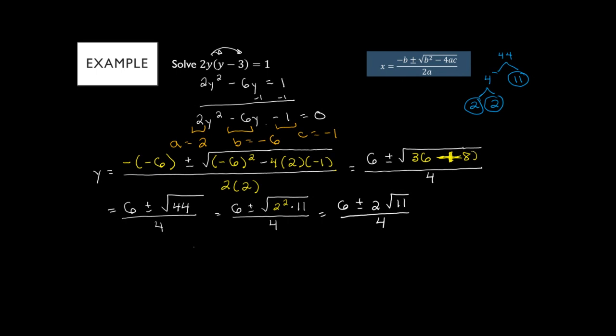Actually, I'm going to do this in a different color because there's so many things going on here. It's kind of hard to keep track on the very limited space here. So we've got y equals 6 plus 2 times the square root of 11 over 4. And then y equals 6 minus 2 times the square root of 11 over 4.